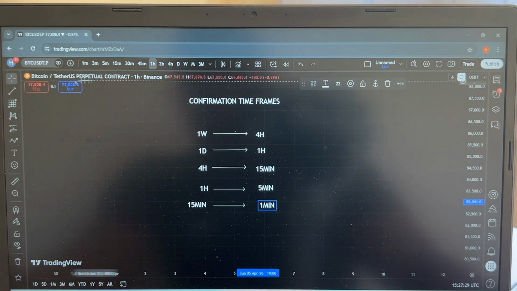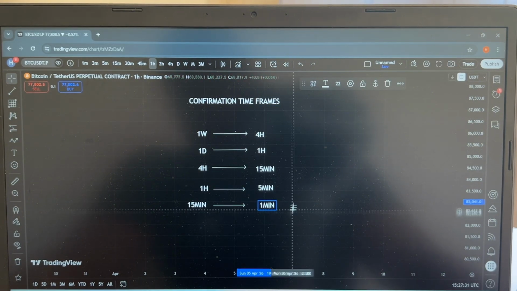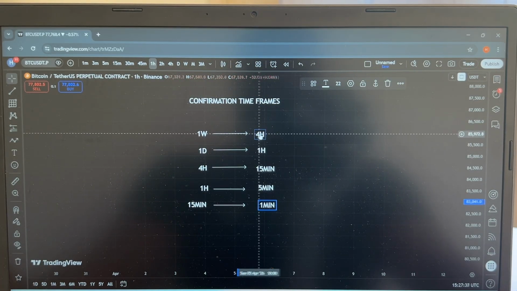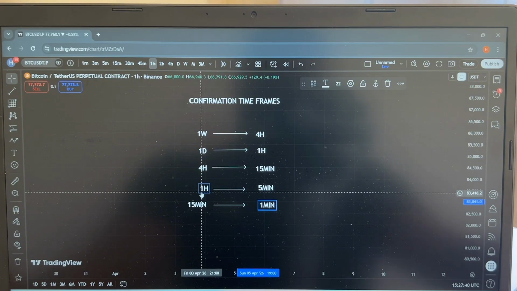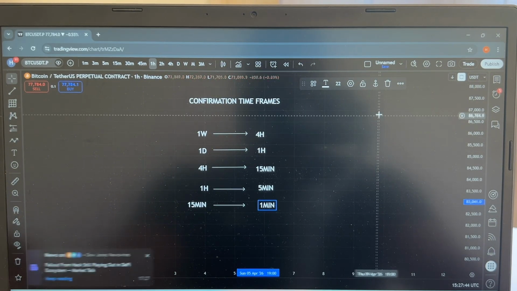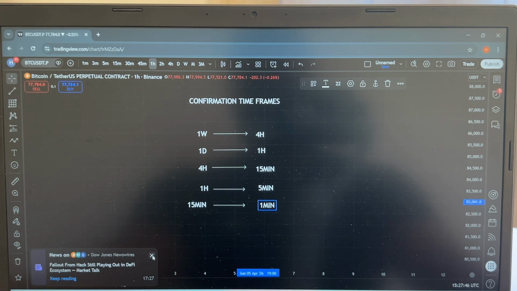So these are the confirmation time frames, these small confirmation time frames. These are the small time frames we have to go to in order to catch the solid entries in these higher time frames. Just note it down because this is extremely important.